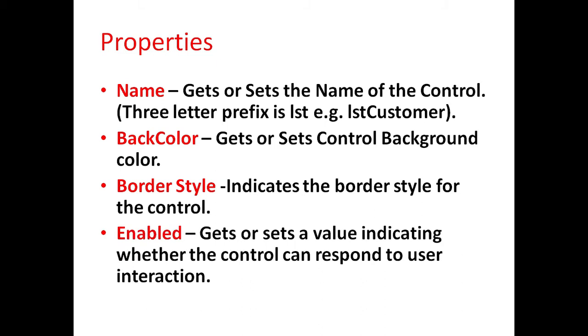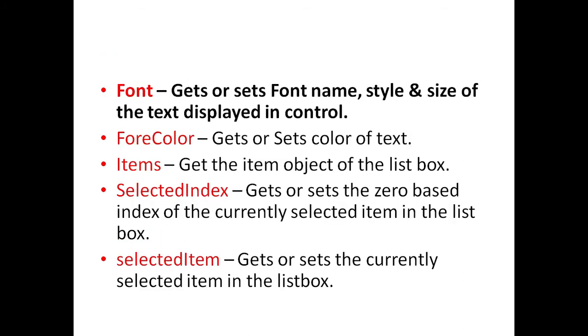The Enabled property is used to get or set the value indicating whether the control can respond to user interaction. The Font property is used to get or set the font name, style, and size of the text displayed in the control.